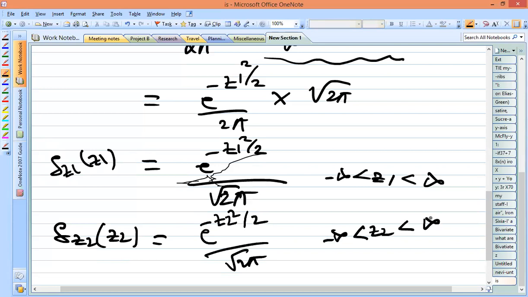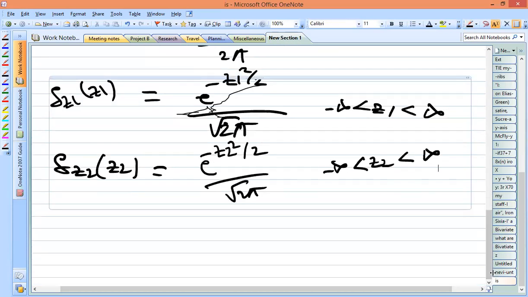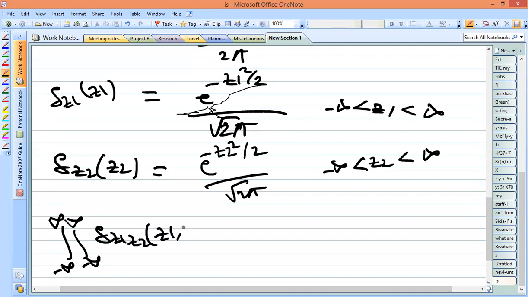So once you get the marginal PDF, let us consider the integral equation, that is, the double integration from minus infinity to plus infinity of fZ1Z2 of z1 comma z2, which has to be integrated with respect to z1 and z2.